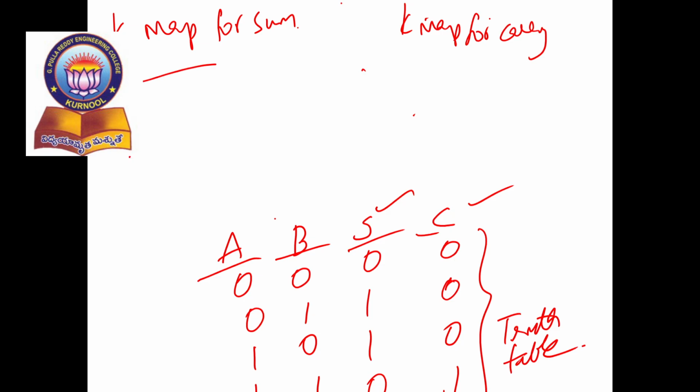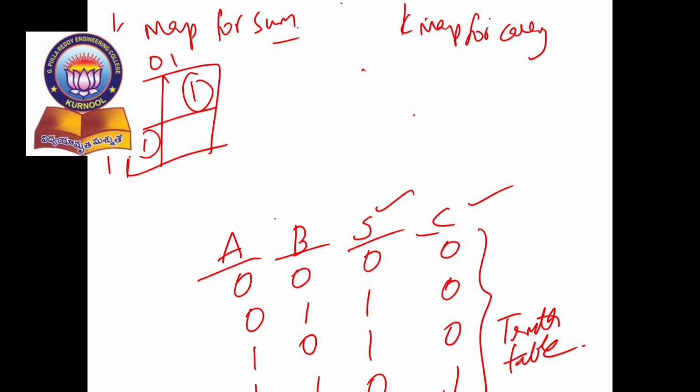We have two inputs, 0 and 1, and A, B are the inputs here. We have to look only at the sum. Here we are getting 1, and at this input also we are getting 1. So for A input 0 and B input 1 we get 1, so this is mapped with 0 1 here. The next one is 1 0, here it is mapped.